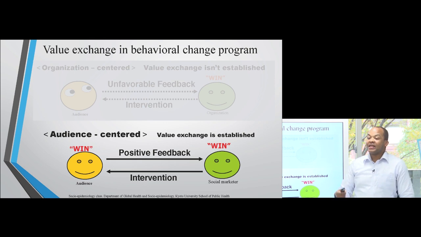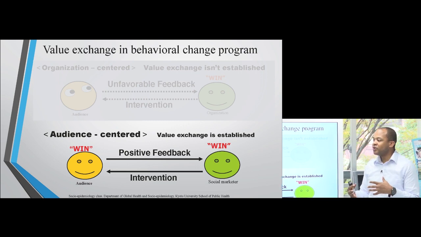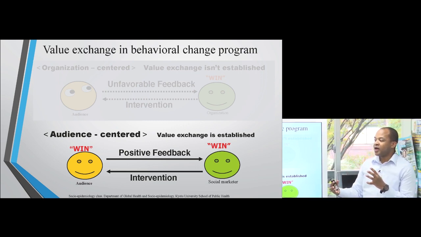The intervention is developed based on the preferences of the audience, and as a result, the audience likes the intervention and gives positive feedback. So partly the reason we are having this session today is to help you think about ways to make sure that the intervention you're thinking about is built on the preferences of the audiences.